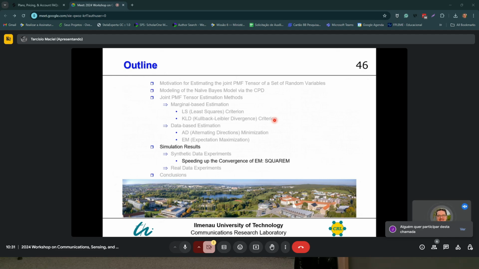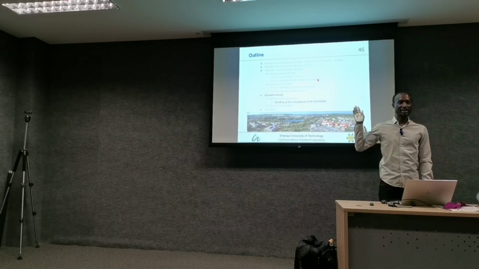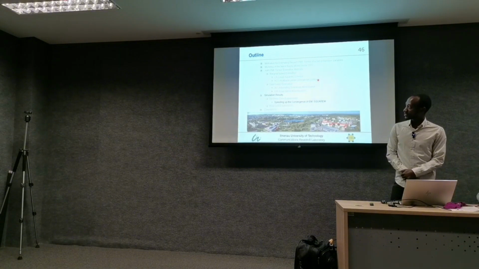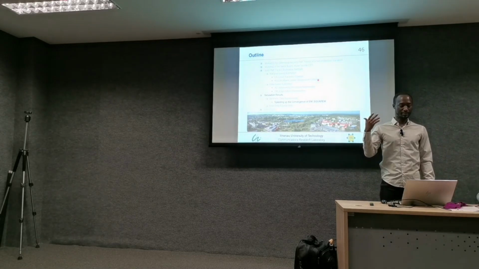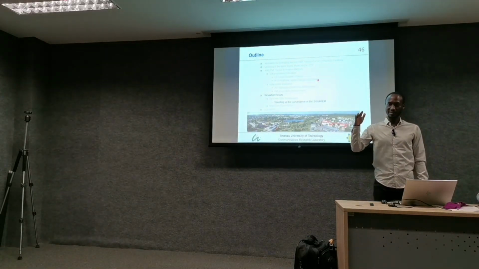So now we have seen a lot of the theory, and we've been introduced to the EM algorithm, expectation maximization. But one of the things that was said is that one of the issues it has is that it sometimes converges very slowly.